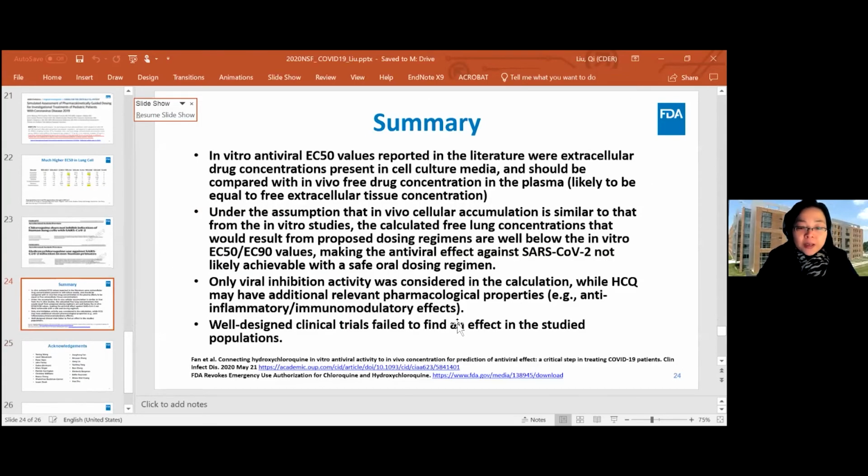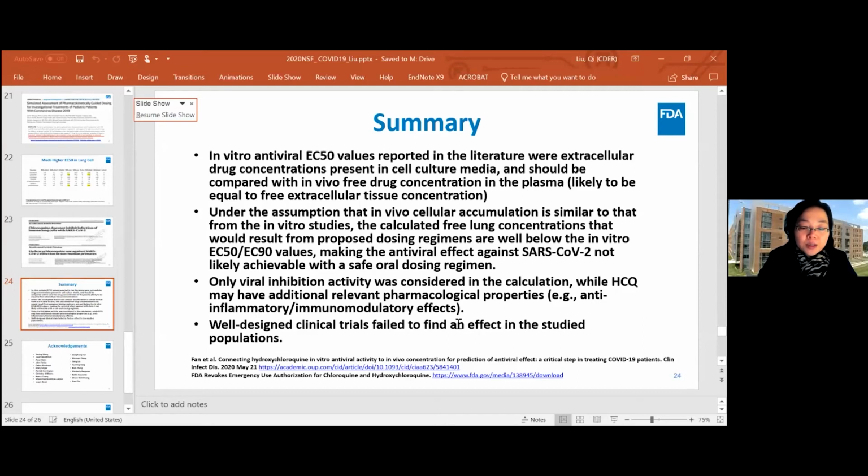So in summary, for hydroxychloroquine, an in vitro antiviral EC50 value reported in the literature reflects extracellular drug concentration present in cell culture and should be compared with in vivo free drug concentration in the plasma, instead of the much higher tissue concentration that is driven by the intracellular concentration.